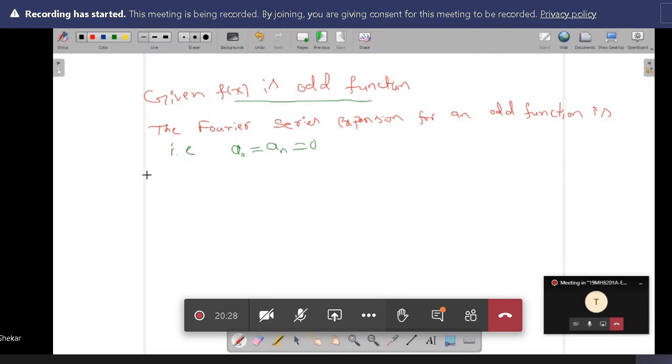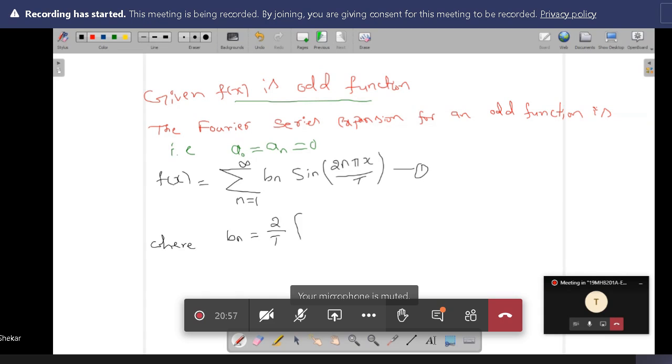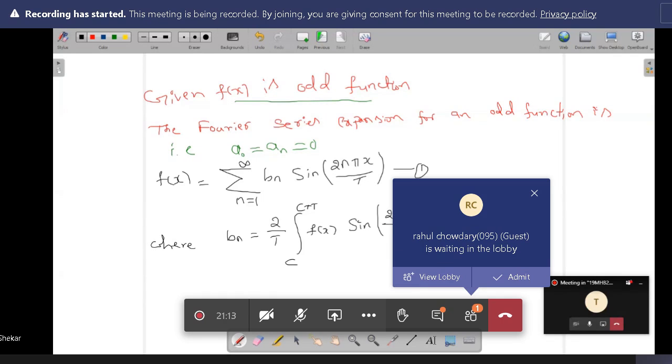Therefore, for f of x we get only sine terms, n running from 1 to infinity, bn sine 2n pi x by T, called equation 1, where bn is 2 by T, integration from c to c plus T, f of x into sine 2n pi x by T dx.